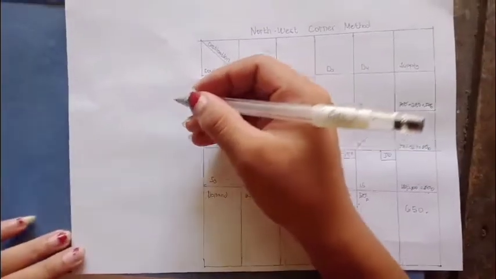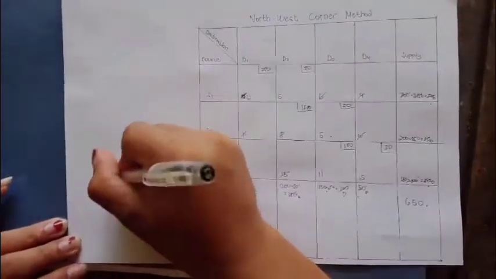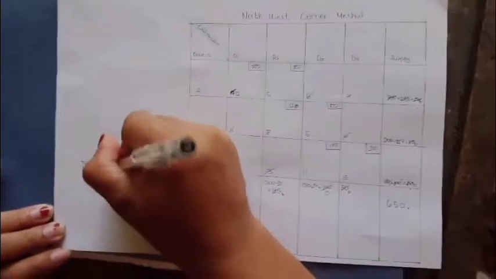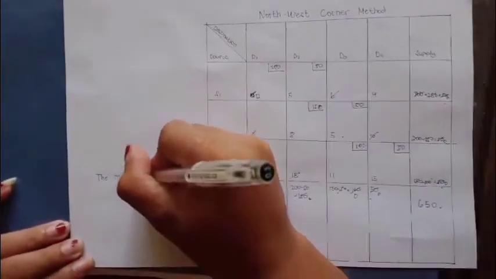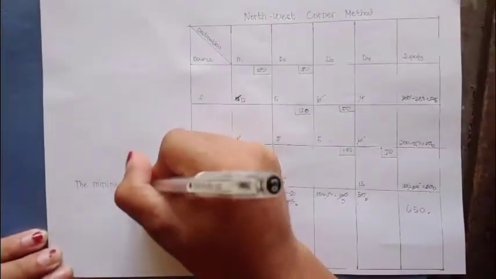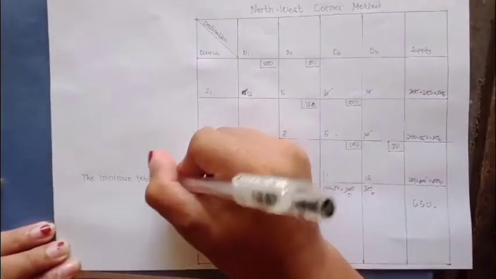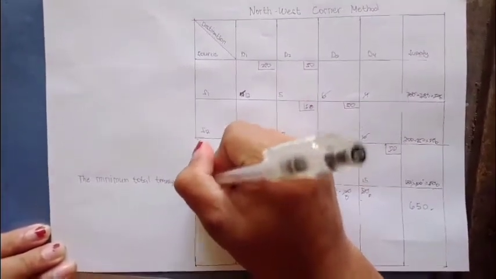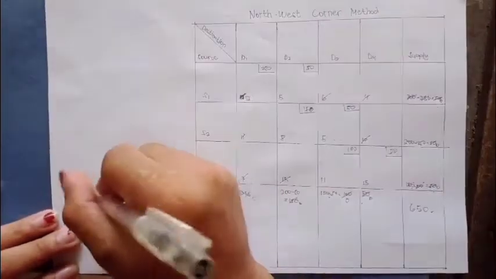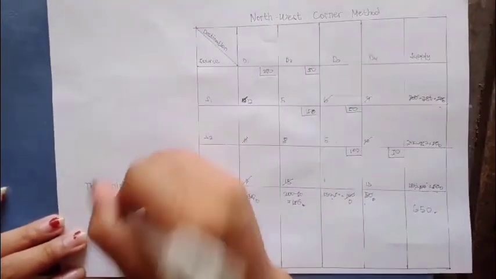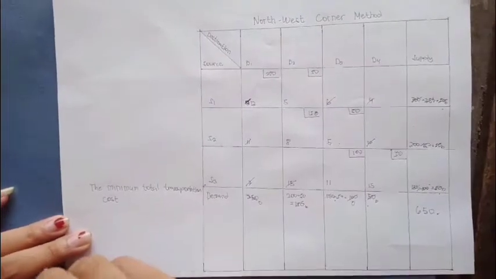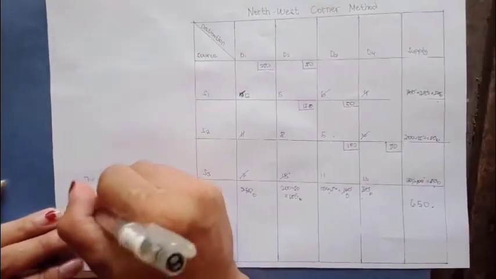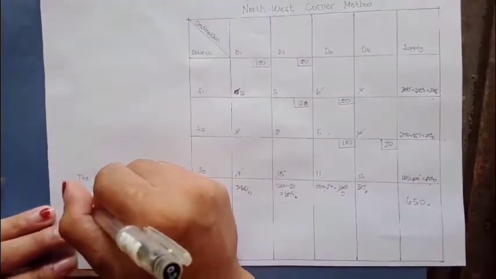So now we need to proceed to the minimum total transportation cost. So we have 12 times 250 here.